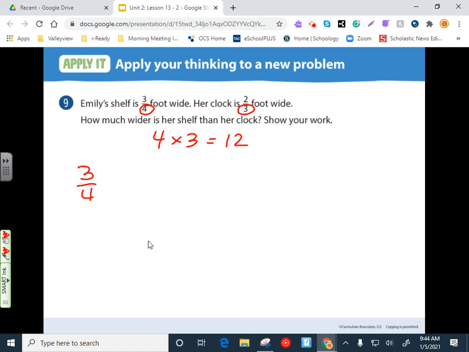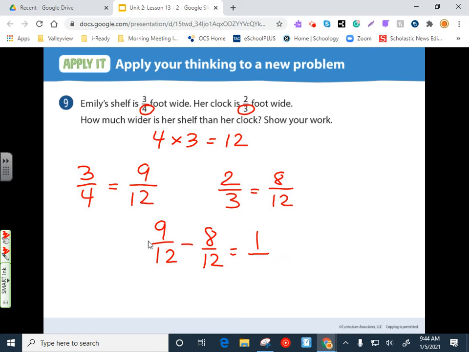So let's change that. 4 times 3 is 12. 3 times 3 is 9. 2/3, because they're 12. 3 times 4 is 12. 2 times 4 is 8. Let's do 9/12 minus 8/12 equals 1/12. 1/12 of a foot larger. So basically 1 inch larger because there's 12 inches in 1 foot.